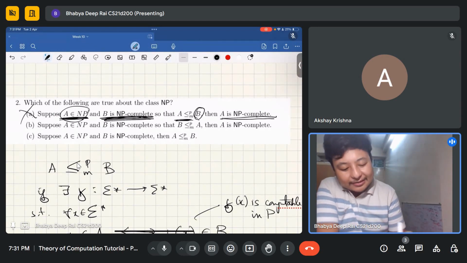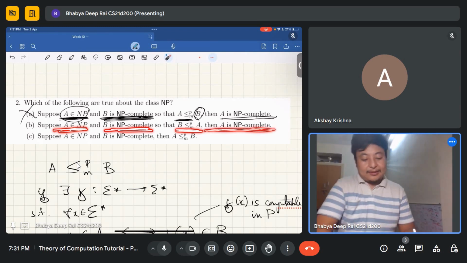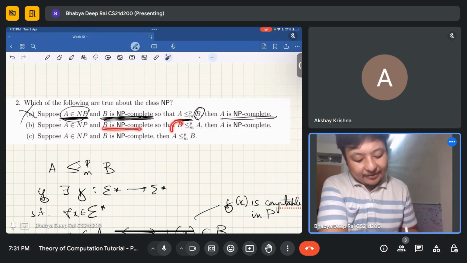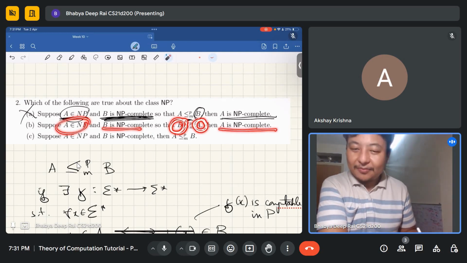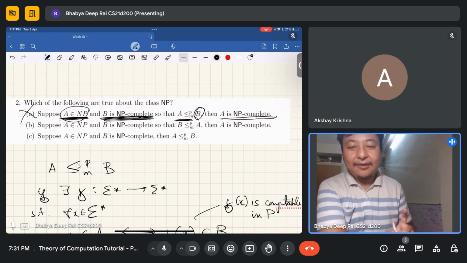Now the next question is, suppose A is in NP, B is NP complete, so that B reduces to A, then A is NP complete. B is NP complete, A is in NP, then is A NP complete? The answer is yes, because of transitivity of reductions.